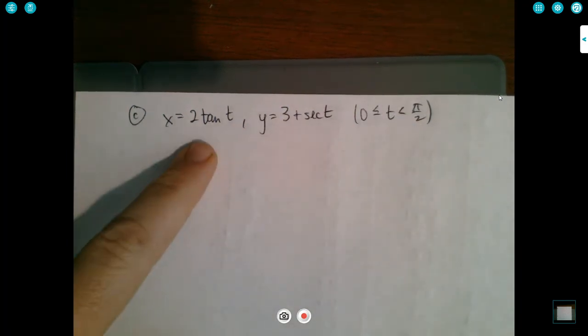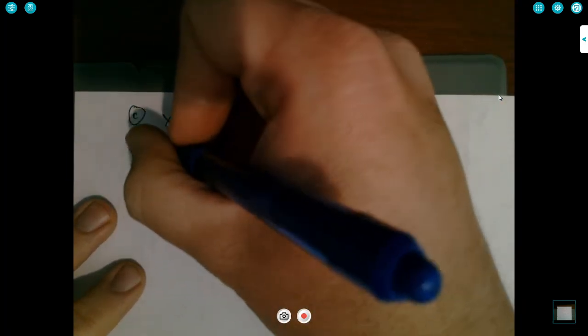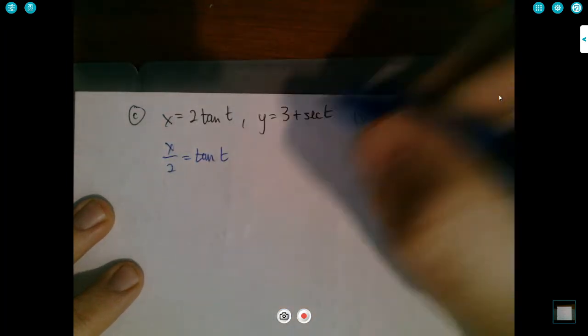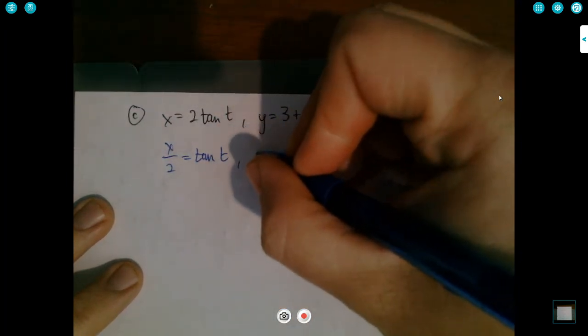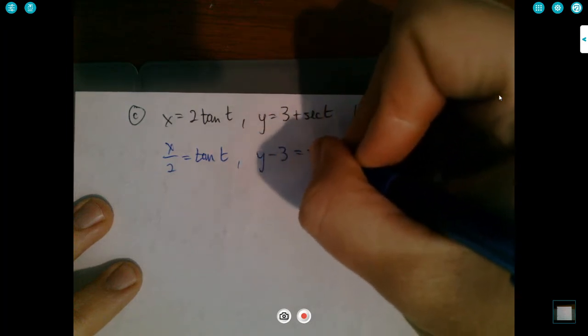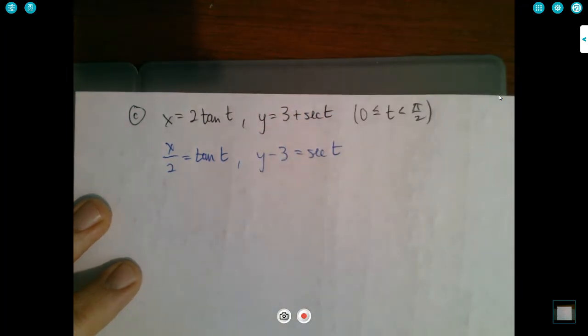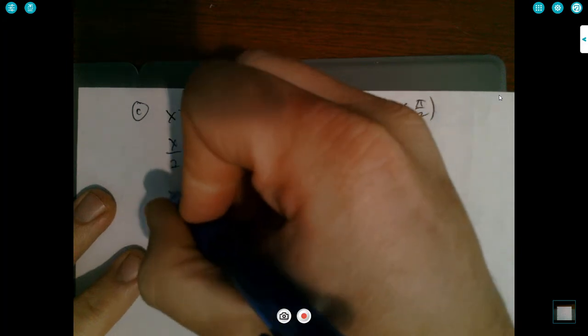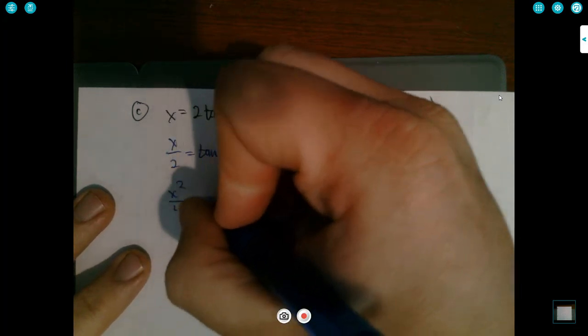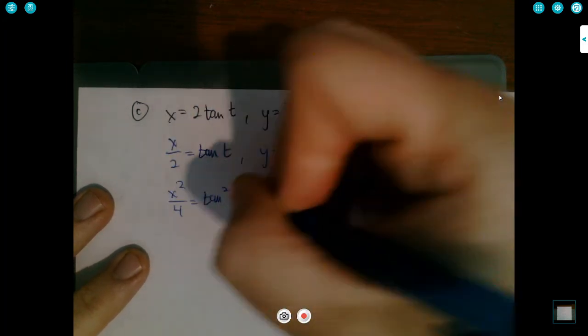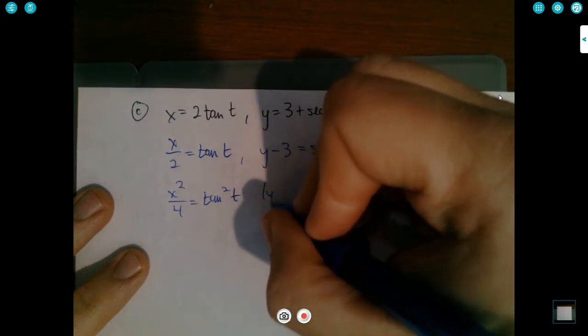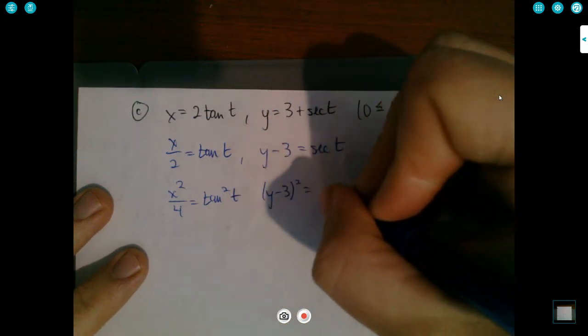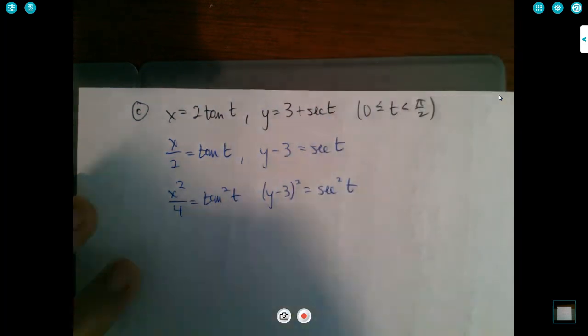So in other words, here I can say that x over 2 equals tangent t, and then here I can say y minus 3 equals secant t. Then I can square both sides and say x squared over 4 equals tangent squared t, and y minus 3 squared equals secant squared t.